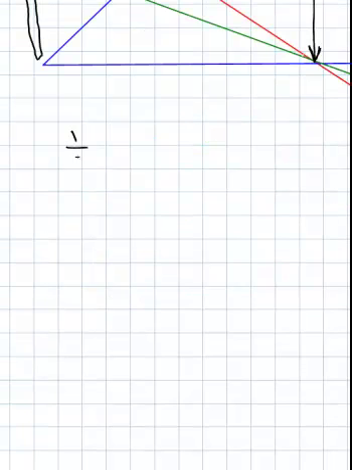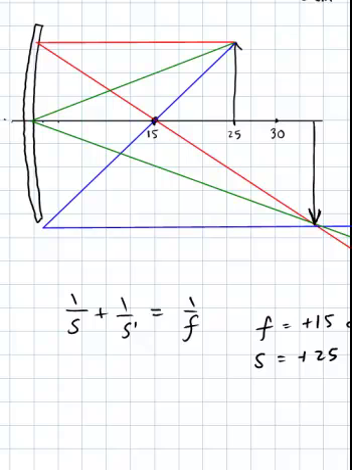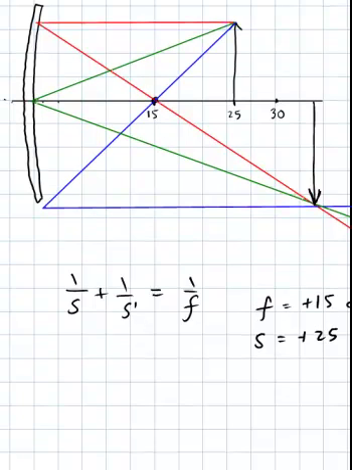And we know that 1 over s plus 1 over s prime is 1 over the focal length. And in this case, our focal length is the same, but our object distance is 25 centimeters, positive 25 centimeters.